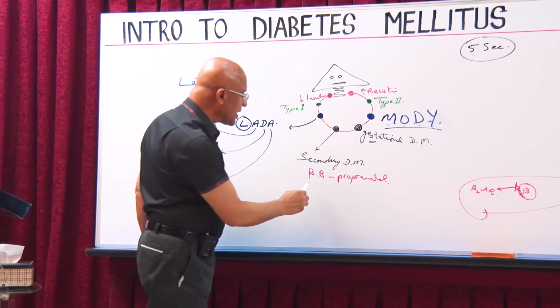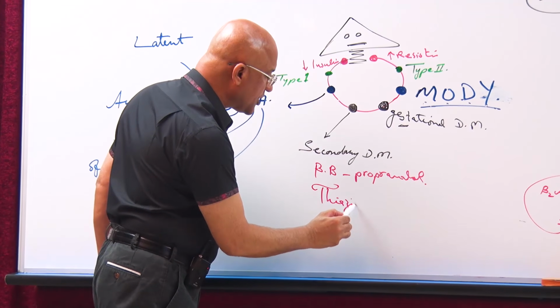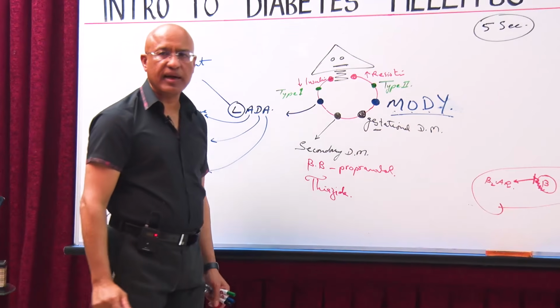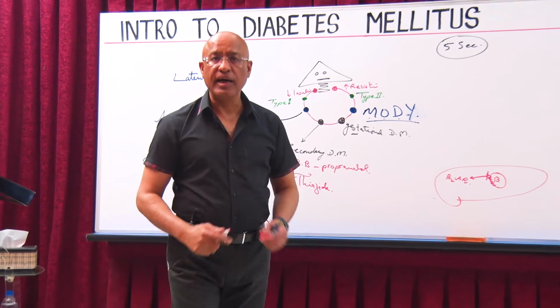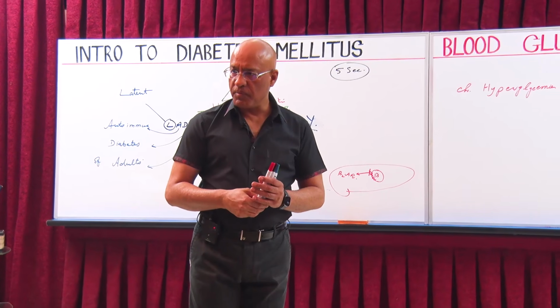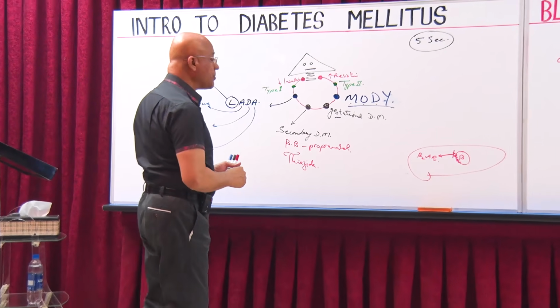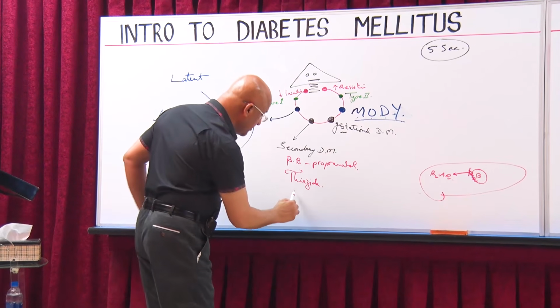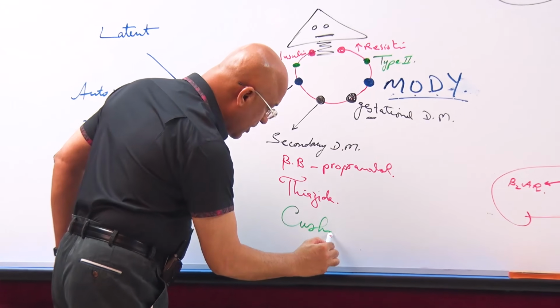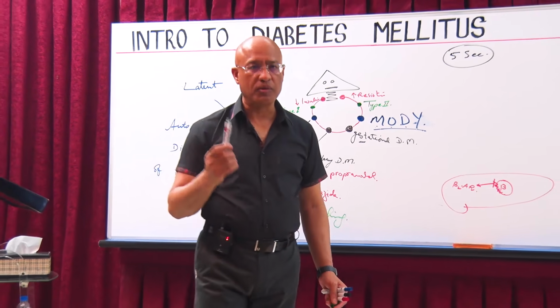Another example we can take is a drug like thiazides. Patients who are on thiazides, a diuretic, for the long term can also develop a picture like diabetes mellitus, right? Then we can talk about some endocrine disease like Cushing syndrome, where chronically there is elevation of cortisol hormone.